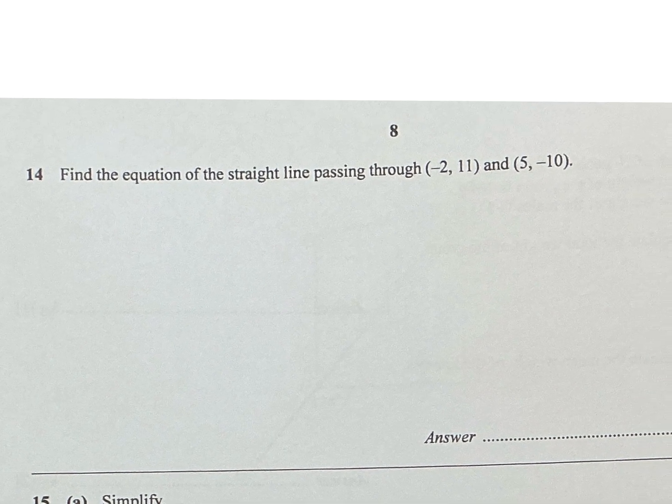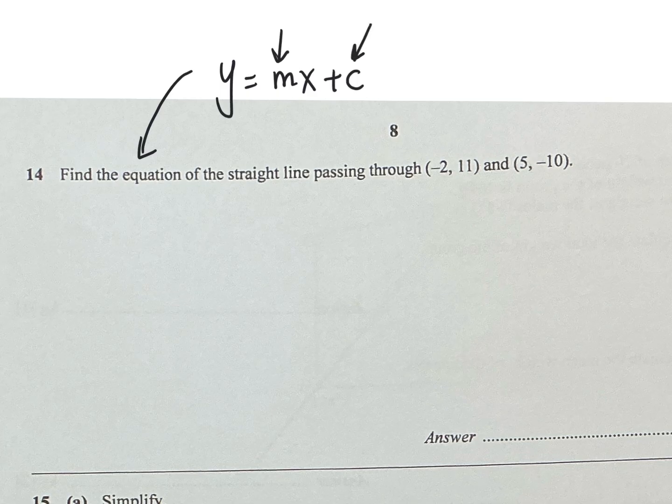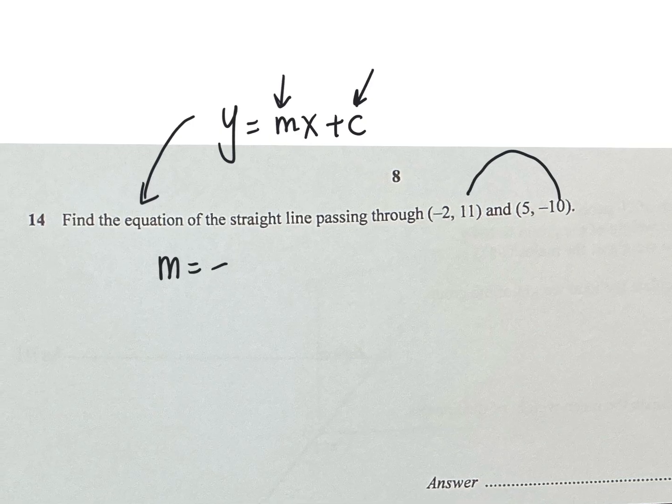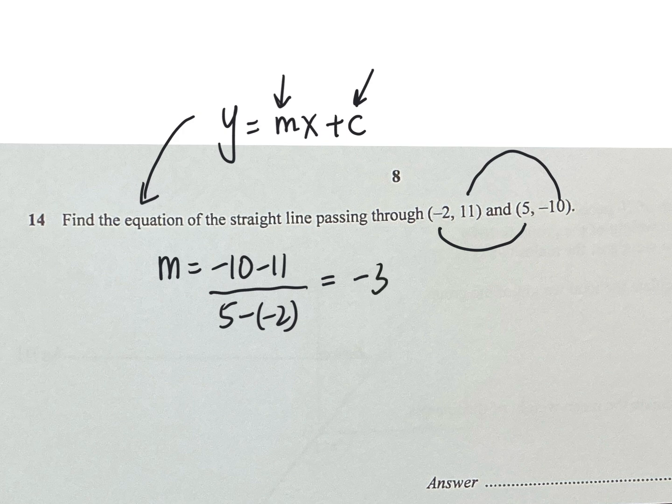Equation of a straight line is y equals mx plus c. I only need to find the gradient and the y-intercept. So to find the gradient, I use y2 minus y1 over x2 minus x1. So you end up having gradient to be minus 3. So once you know the gradient already, you pick one of these points.